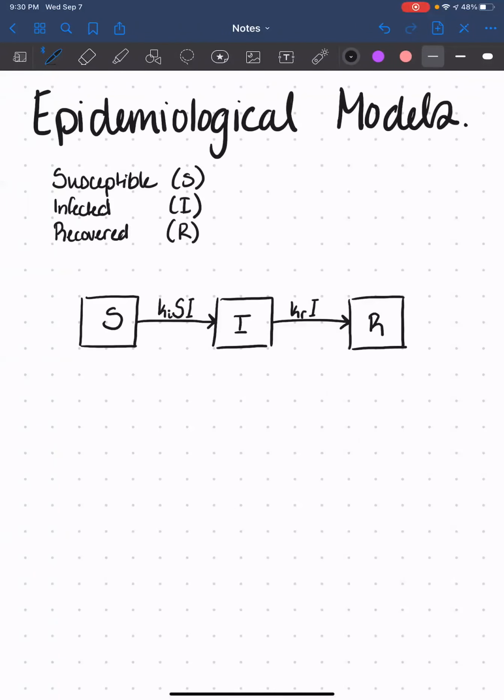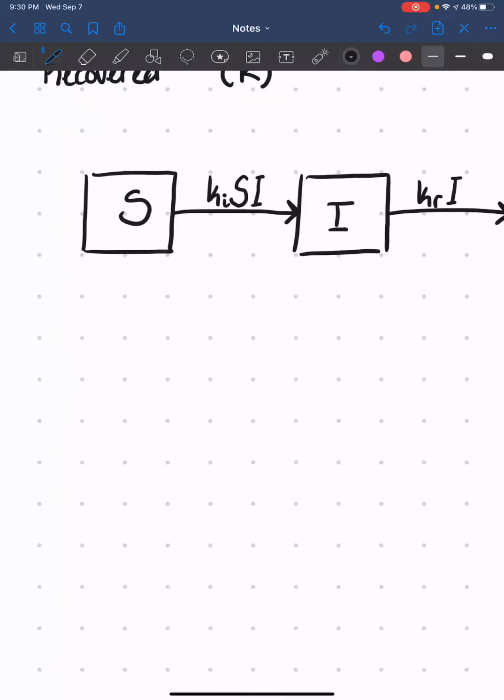And then we want to write our equations. So we write one equation for each box. So we'll just go in order. dS/dt for the change in the number of susceptible people over time. And we want to just add up the arrows going in and out of the boxes.